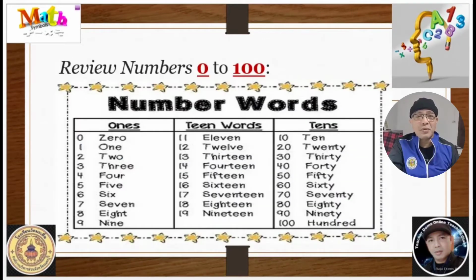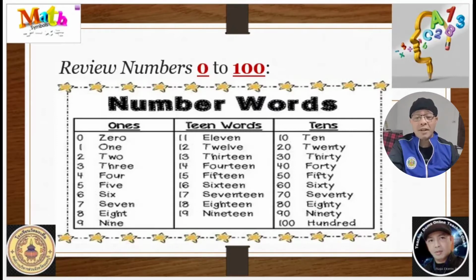But first, we need to review numbers from 0 to 100, and let's start with number words. So we have ones, 10 words, and tens. So we start with ones. We have here 0, 1, 2, 3, 4, 5, 6, 7, 8, and 9. Now let's deal with the 10 words.